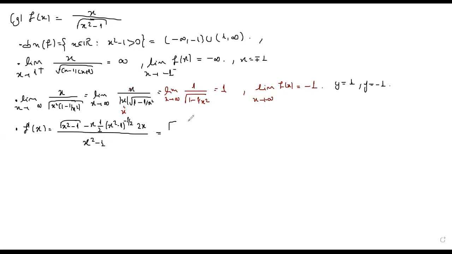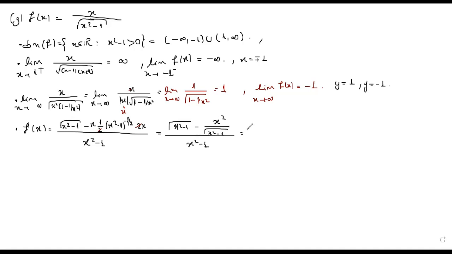Okay, so what do we have here? x squared minus 1. We have these twos simplified. This one and this one, they are simplified. Now what do we have? We have x squared. Let's write it with the same color. So x squared over square root of x squared minus 1 over this.